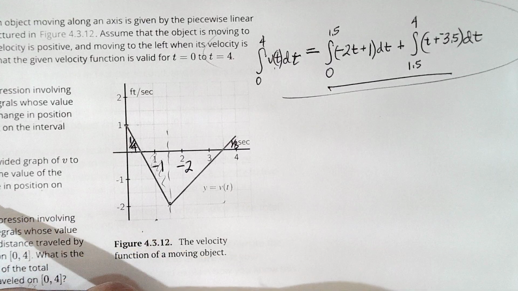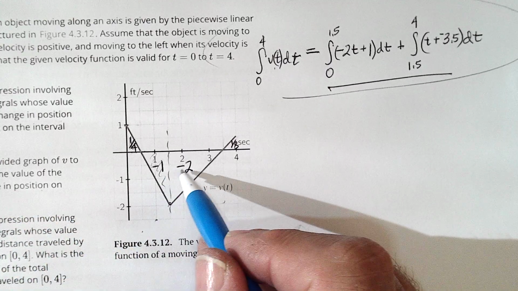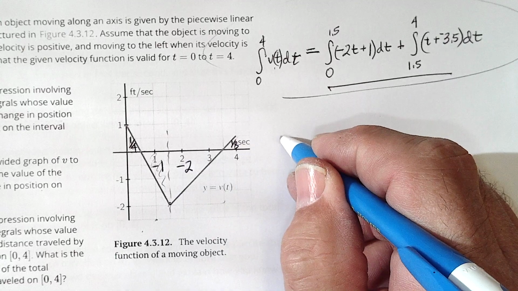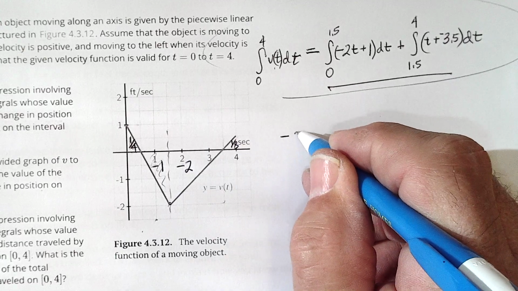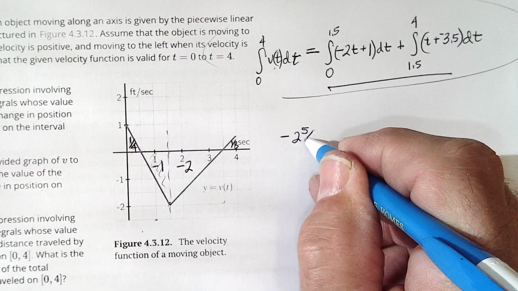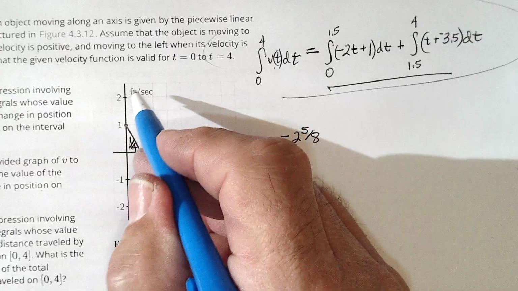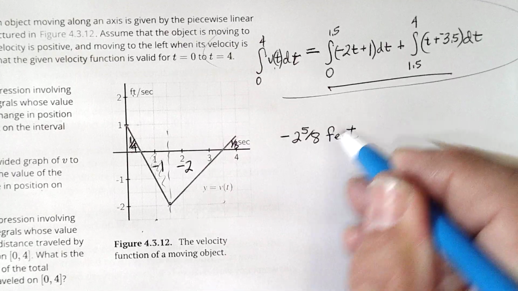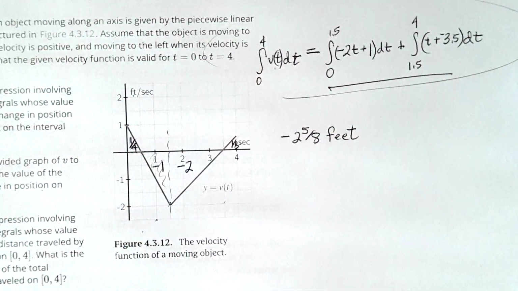So the total change in position is -3 plus 3/8, which is -2 5/8 feet, because we're taking seconds times feet per second.